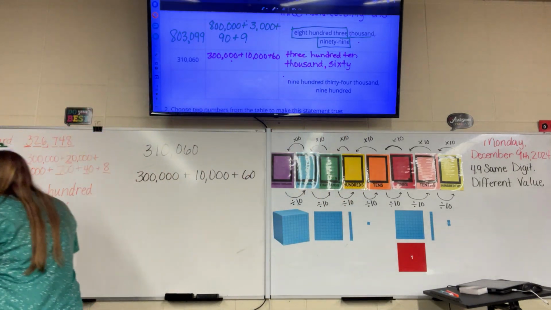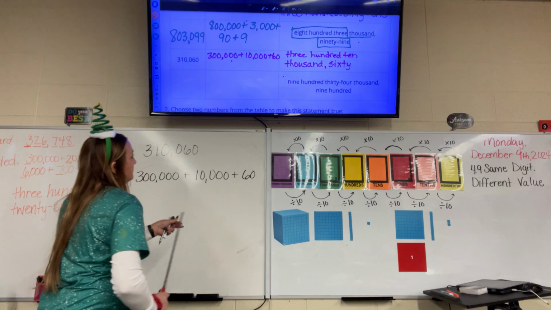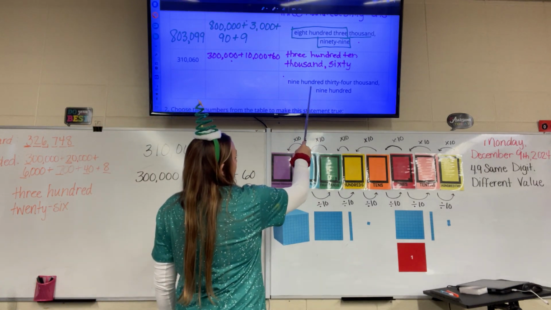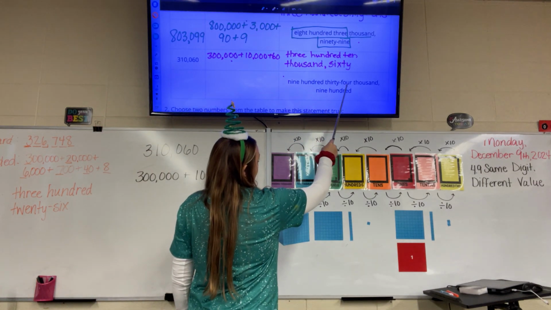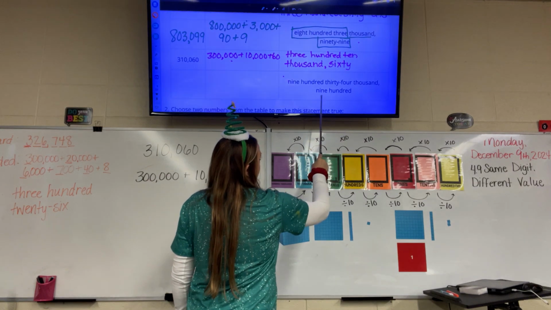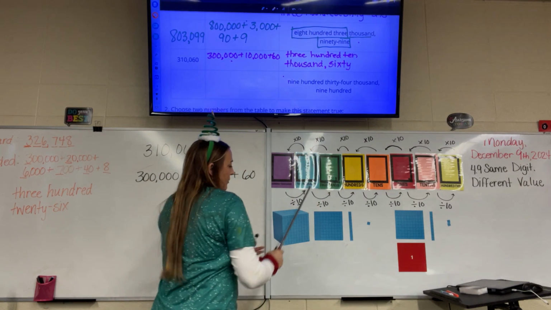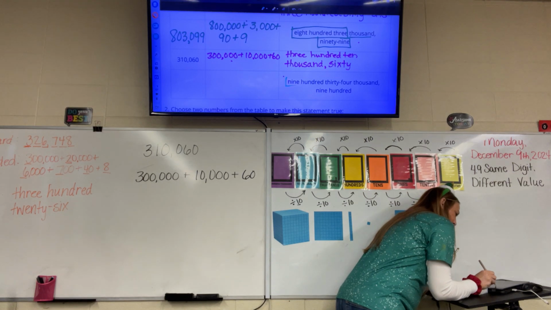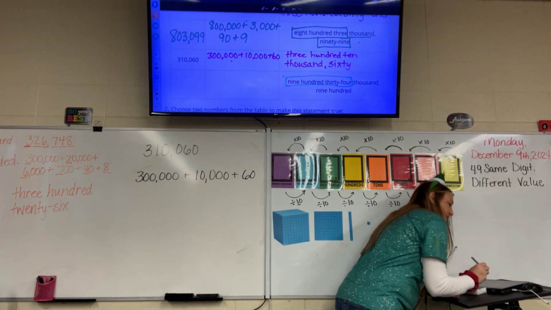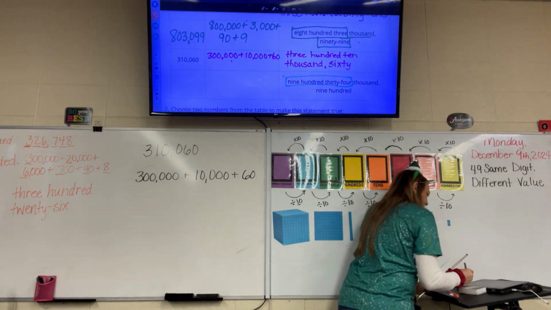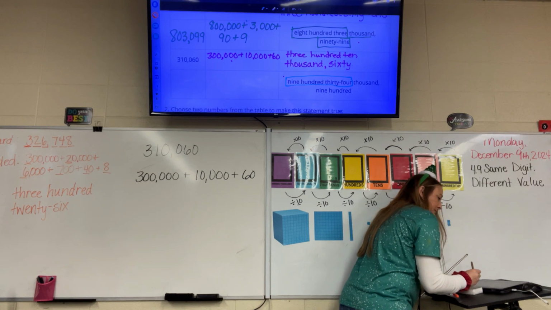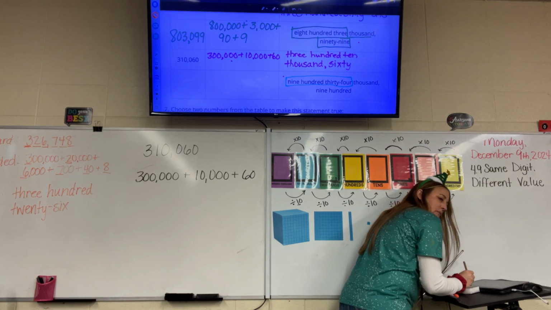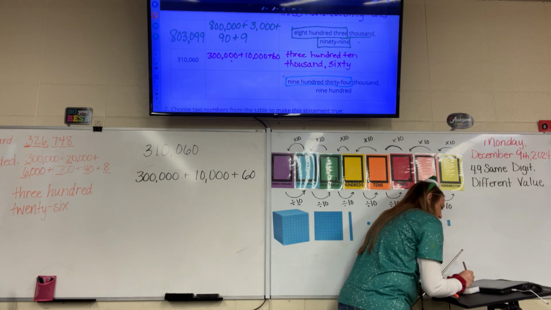So let's read this one together. 934,900. Okay, so the first thing we need to focus on is 934. What does that look like, Zerelda? 934 looks like what?